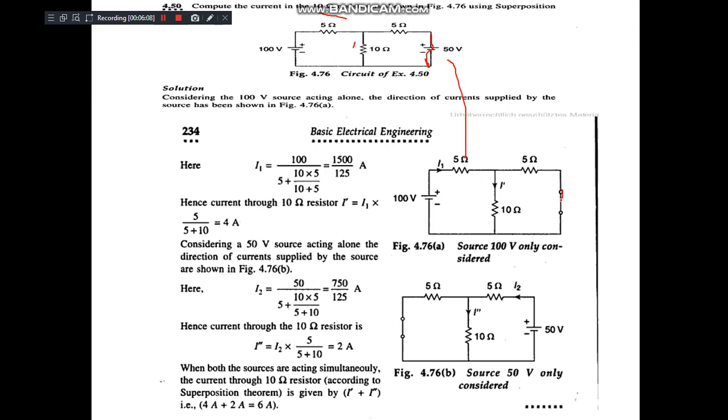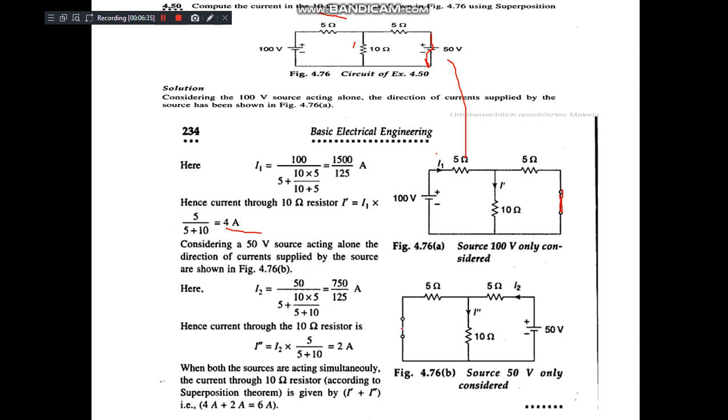Deactivating this one, activating this one. First we have to consider the total I1, that is 100 divided by, these two are parallel and this combination is in series with this one. So the total current is this one, but we have to calculate the current passing through the 10 ohm. That's why total current into opposite resistance 5 by the total resistance of this loop. So it is 4 amps.